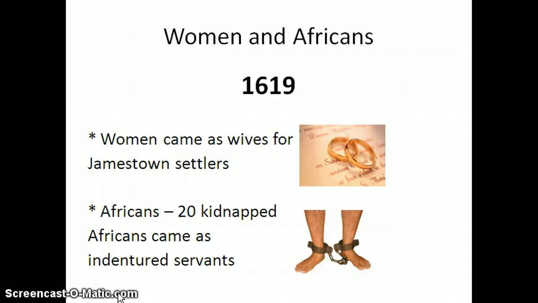So it was kind of like a mail order bride. In 1619, we also see Africans in Jamestown. 20 kidnapped Africans came to Jamestown as indentured servants with longer terms. Slavery did not exist until much later. These Africans were eventually freed.